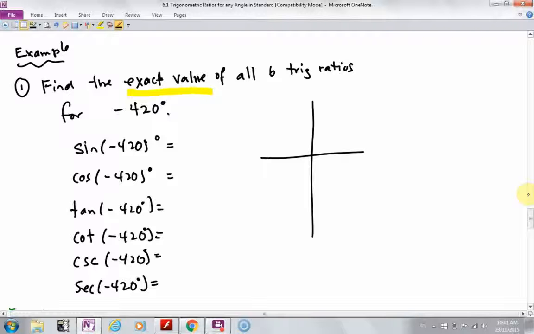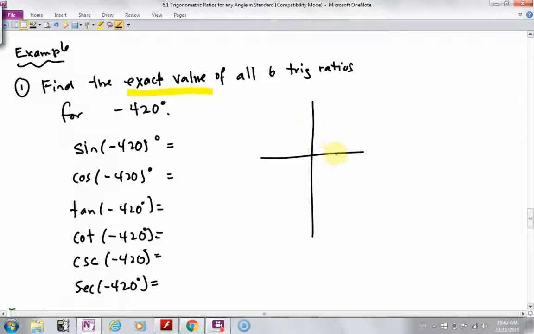Negative angles mean that we're going to go clockwise. So we start at the positive x-axis, and we'll travel clockwise. Which quadrant do I end up in with negative 420? Where does negative 420 end up? Sandrine?